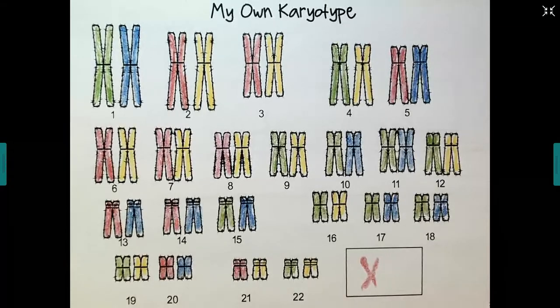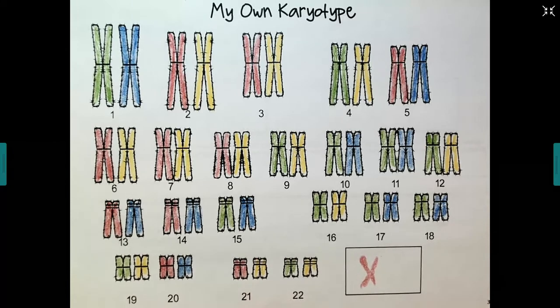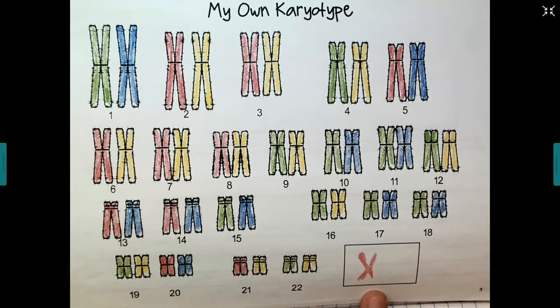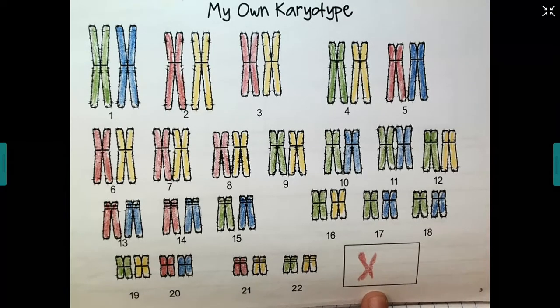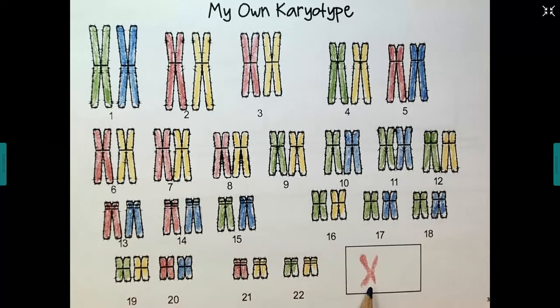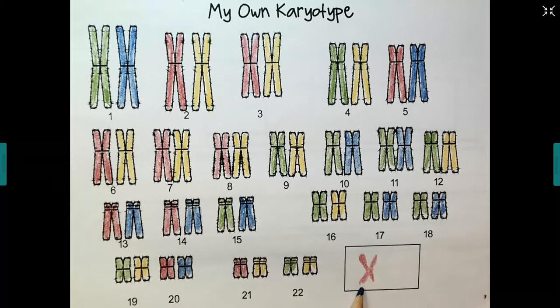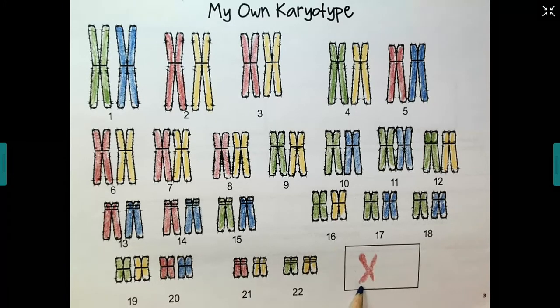Okay, so I have finished coloring all of my homologous chromosome pairs. I just have to do the last box right here, my 23rd pair, which are my sex chromosomes. When I was flipping the coin, the first X chromosome I got from dad was the red X. And again, I actually didn't have to flip a coin for that.